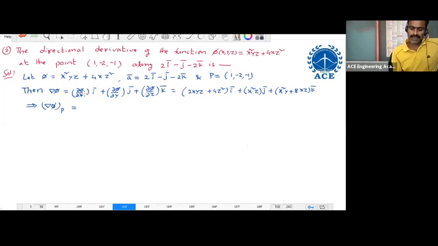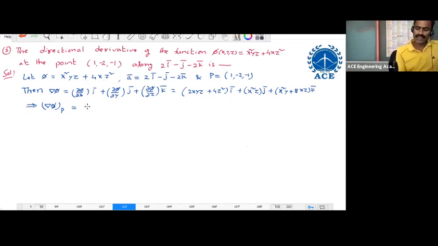The coefficient of i is dou phi by dou x. Differentiate phi partially with respect to x: 2xyz plus 4z square. Next, the coefficient of j bar is dou phi by dou y. Differentiate phi partially with respect to y: x square z. Next, the coefficient of k bar is dou phi by dou z. The partial derivative of phi with respect to z: x square y plus 8xz.